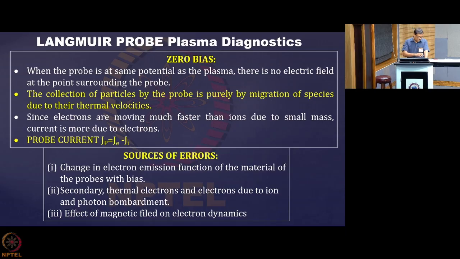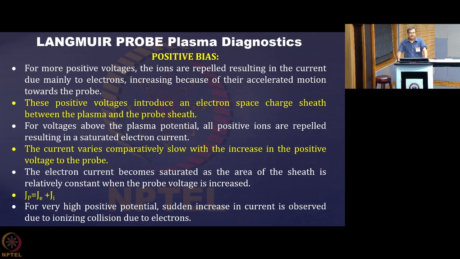So all this can contribute some error in the measurement. We should be aware of those effects when we are trying to critically evaluate the curves of current against the applied bias. Now when we apply a positive bias, a more positive voltage, the ions are repelled, resulting in the current mainly due to electrons, with their acceleration towards the probe increasing.